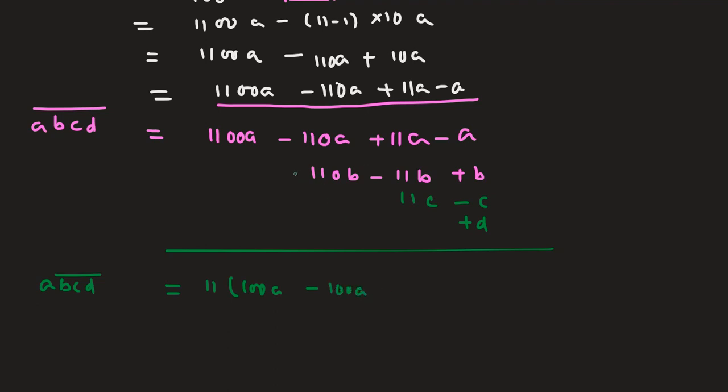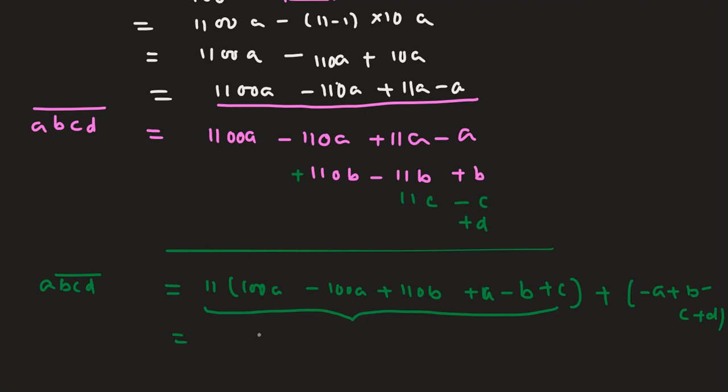Now here plus is there, so plus 110B, then again A, from here you are getting A, from here you are getting minus B, and if you take 11 common you are getting C, and then what we have is minus A plus B minus C plus D. So here this whole number is divisible by 11. There is no doubt this number is divisible by 11.